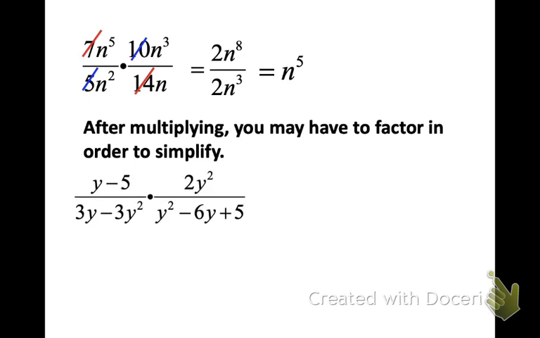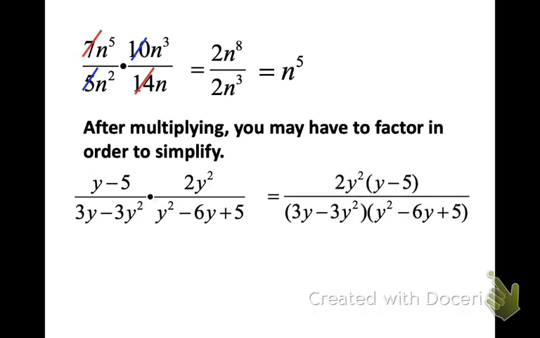Here's an example where we might have to factor after we multiply. So remember, from simplifying rational expressions, we have to change everything to multiplication. So this is basically what this problem is saying, correct? So we're going to group it all together, and we can't cancel anything out until we factor.